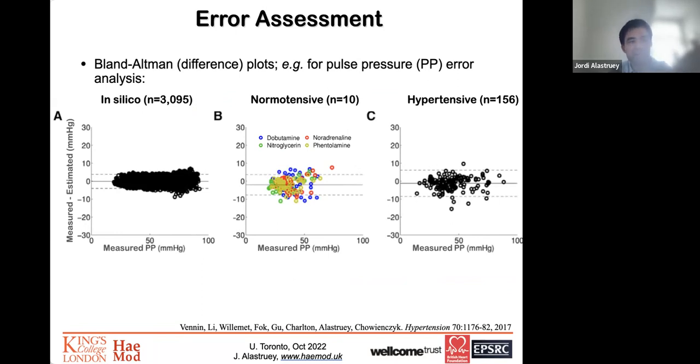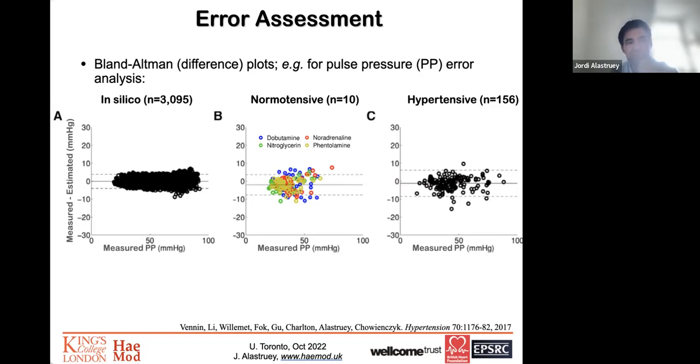In our case, the y-axis shows the difference between measured pulse pressure values and the estimated ones, and the x-axis shows the measured pulse pressure, the reference value. Horizontal lines are drawn at the mean difference, shown in solid lines, and the limits of agreement, the dashed lines, which are usually defined as the mean difference plus and minus twice the standard deviation of the differences.